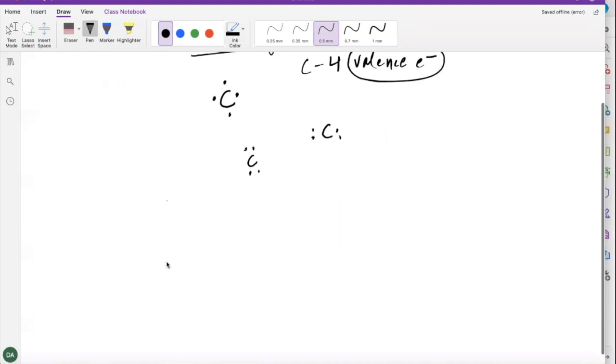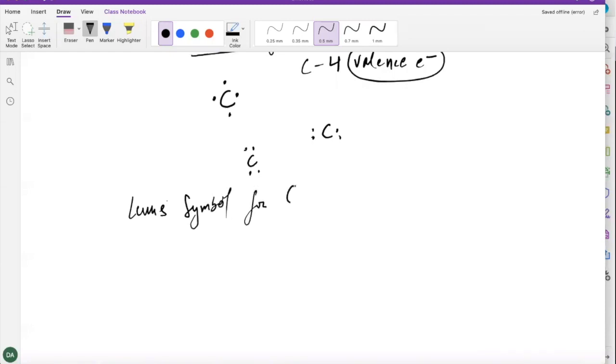So guys, can you draw the Lewis symbol for oxygen? So for oxygen, when it comes to Lewis symbol, how many electrons should I draw? 6, because oxygen is 6A, so it has 6 valence electrons.